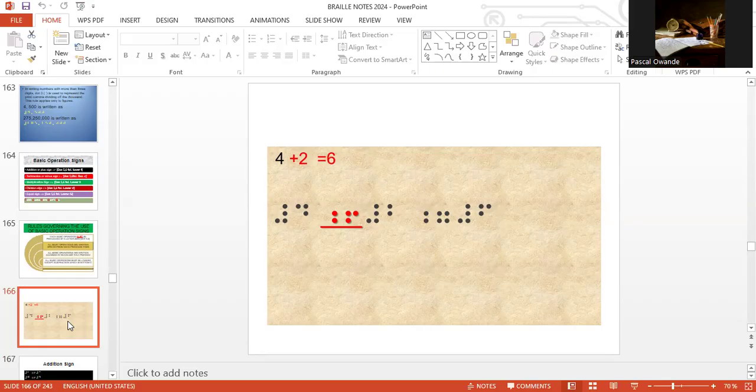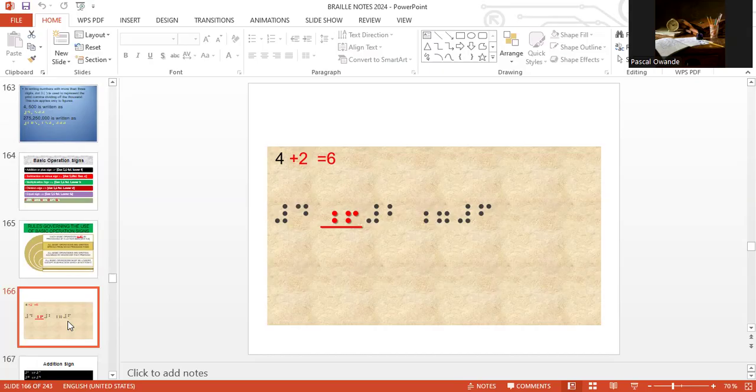But the first rule was that each basic operation sign must be preceded by a letter sign. So we have the numeral sign, then the dots for letter D to mean 4. So allow me to teach rule 2, then I'll teach rule 1.